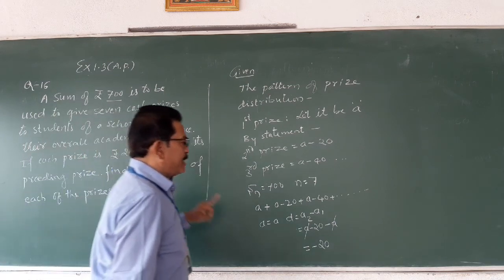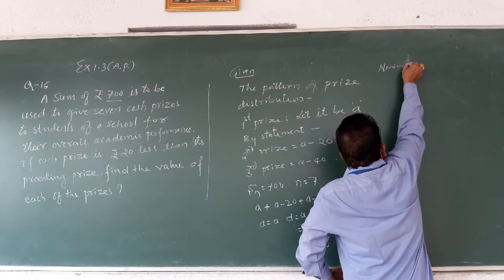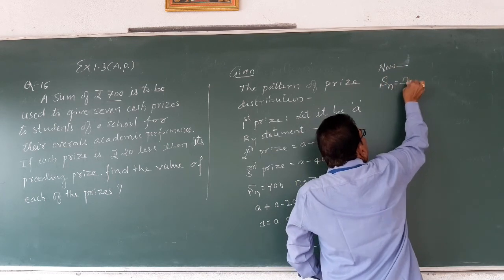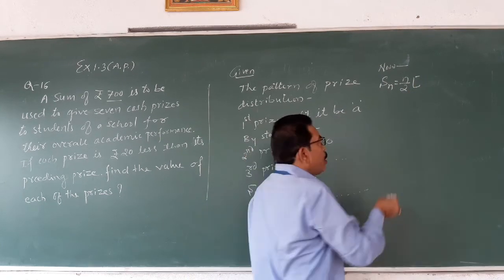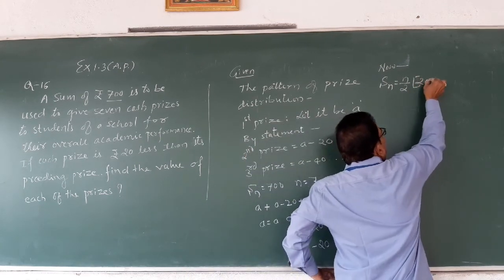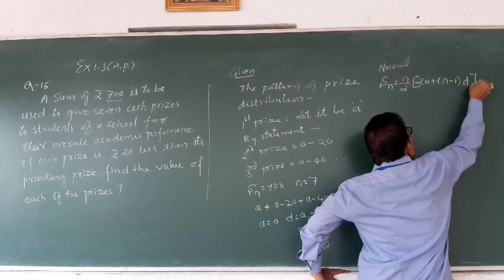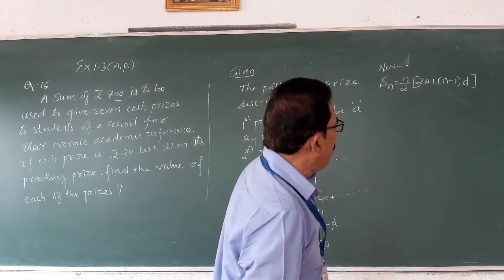Then by using Sn equals n by 2 in the big bracket 2a plus n minus 1 into d. Okay.